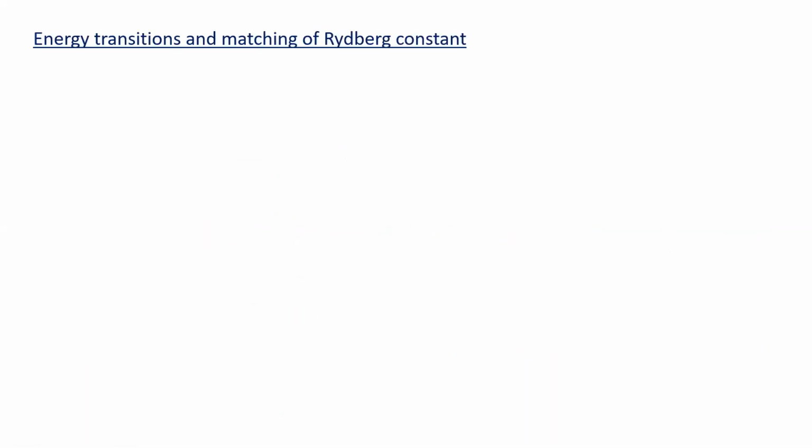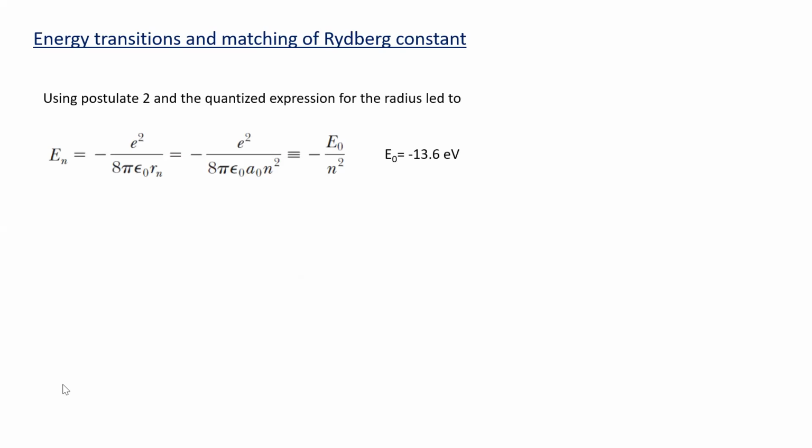Now to the problem of the spectrum of hydrogen and the matching of the so-called Rydberg constant that was involved in the Balmer formula. So using postulate 2 for the transitions between electron states and the quantized expression for the radius, which we just saw, leads to the formula that I just showed you.